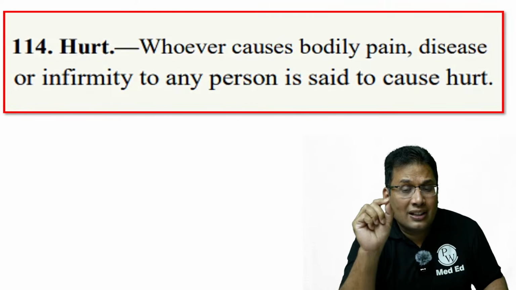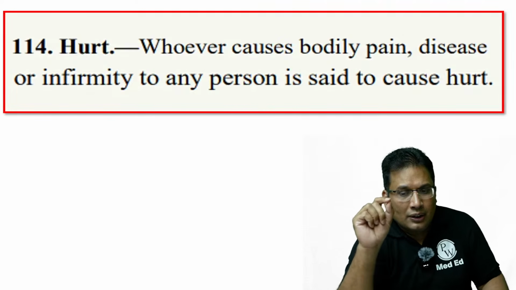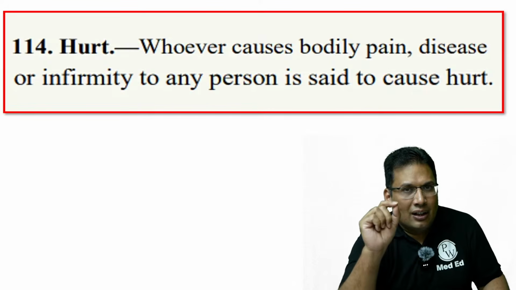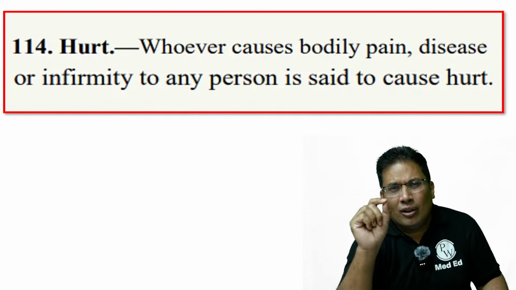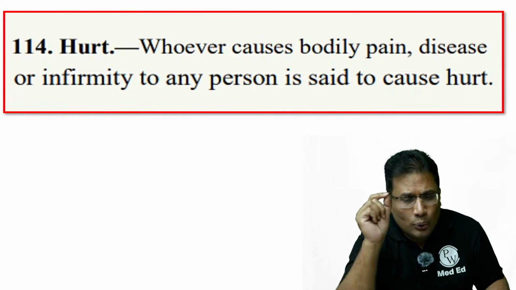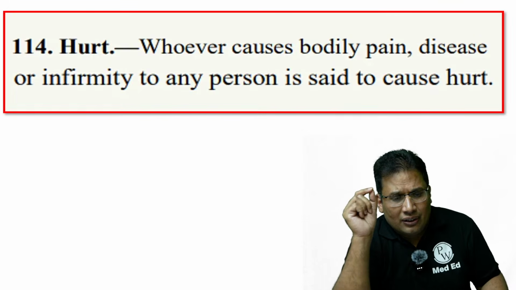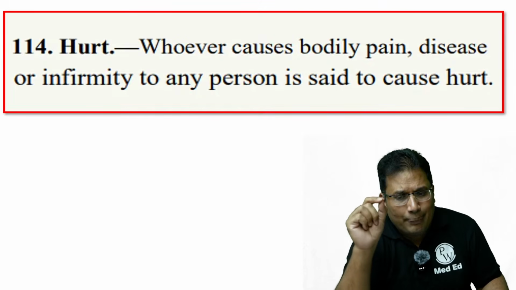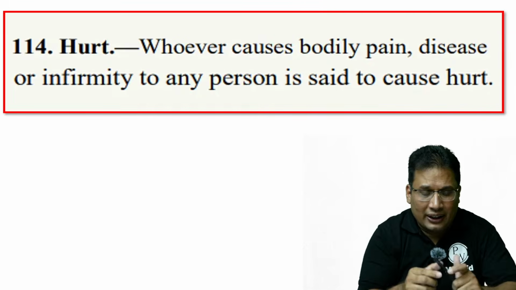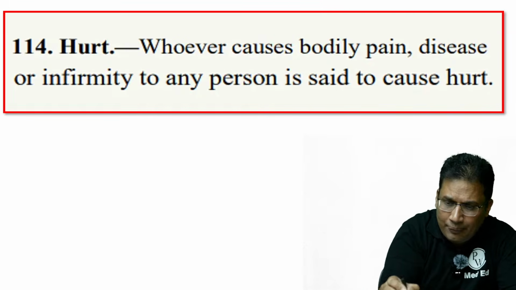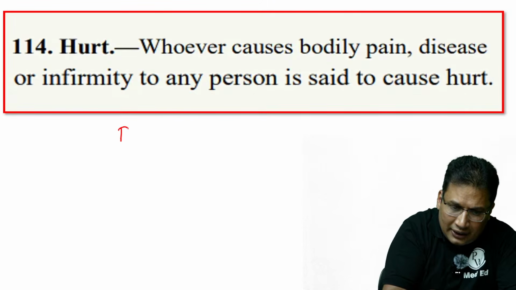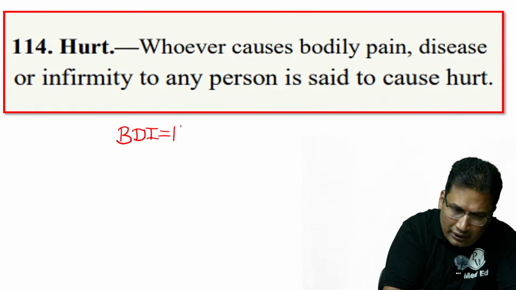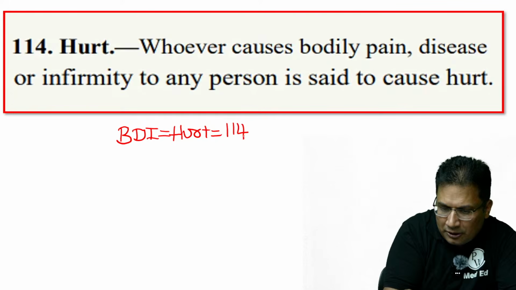Whoever causes bodily pain, disease, or infirmity, infirmity meaning illness, to any person is said to cause hurt. So basically BDI, bodily pain, disease, infirmity, is equal to hurt, which is equal to 114.